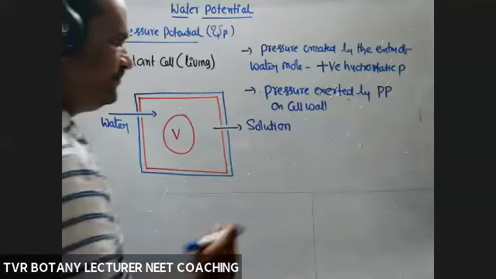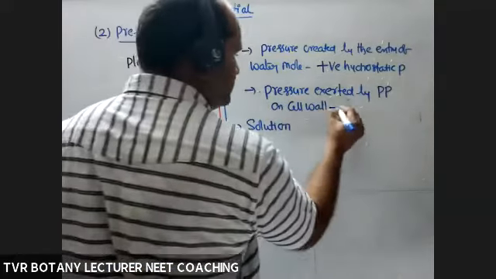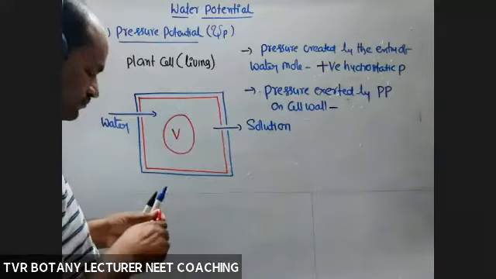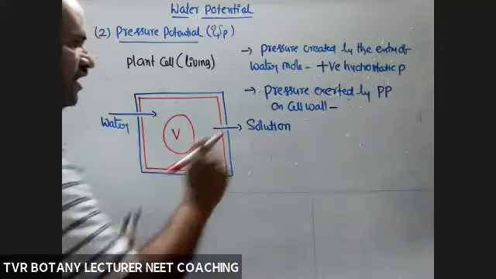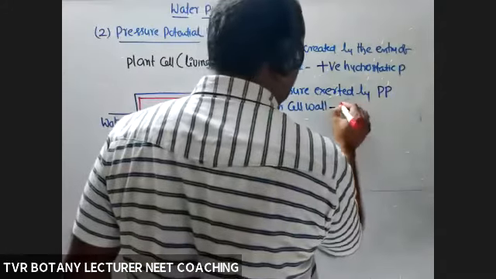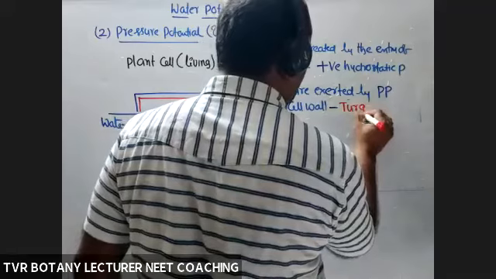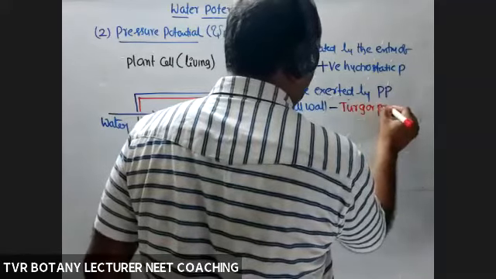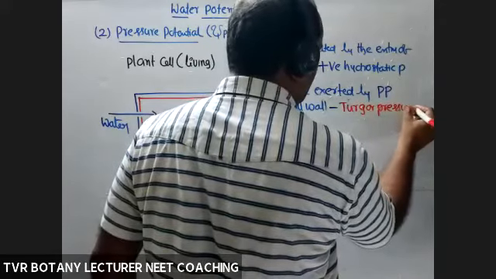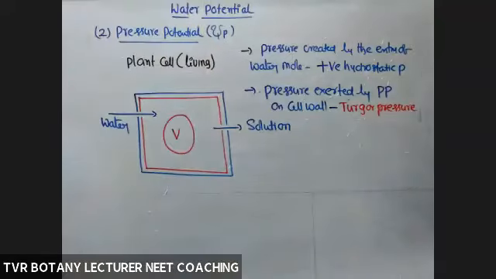Centrifugal force, simply. Pressure exerted on the cell wall is called as turgor pressure. So pressure exerted by protoplast on cell wall due to the entry of water molecules is called as turgor pressure.